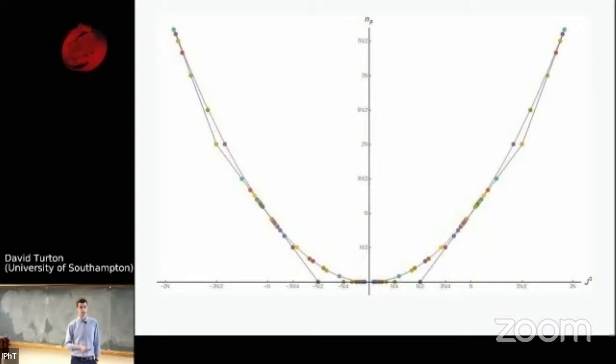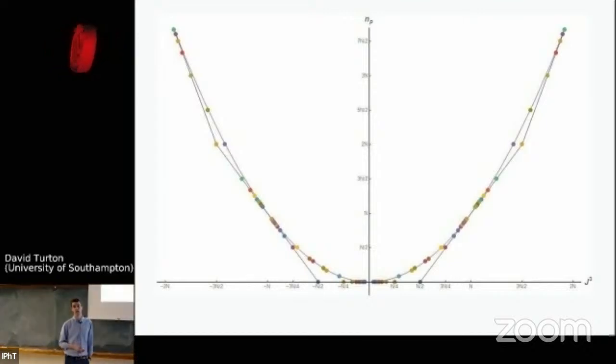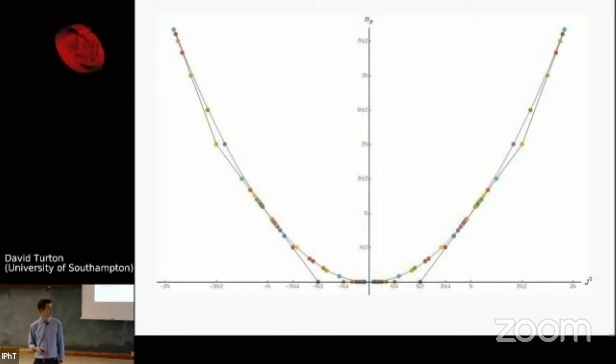So just to get a sense of the conserved charges of these backgrounds, so far there's no shockwave yet in the three-charge story. So where do these states lie in the phase space of angular momentum J3, the left angular momentum, and the momentum charge N_P?